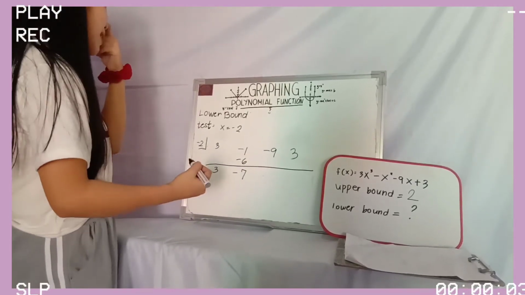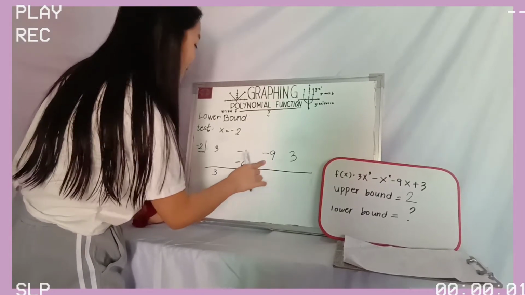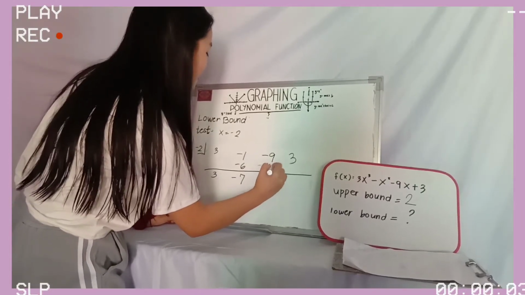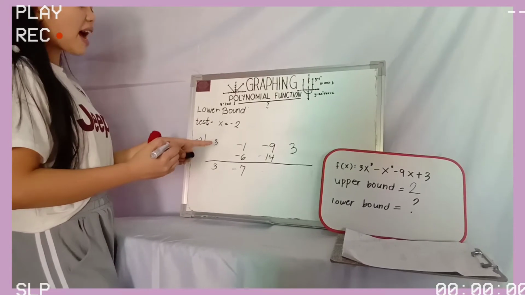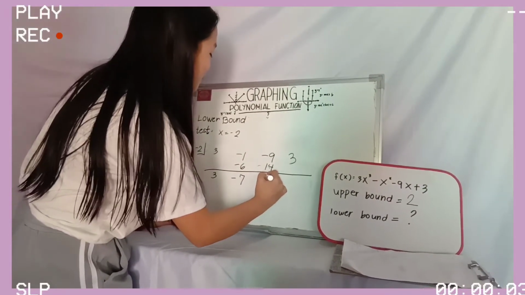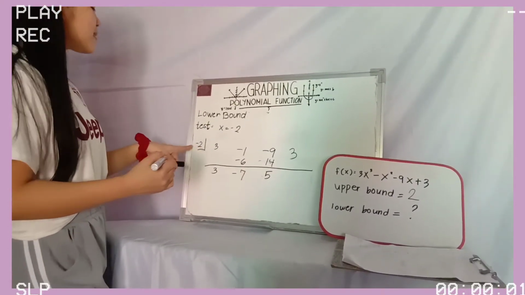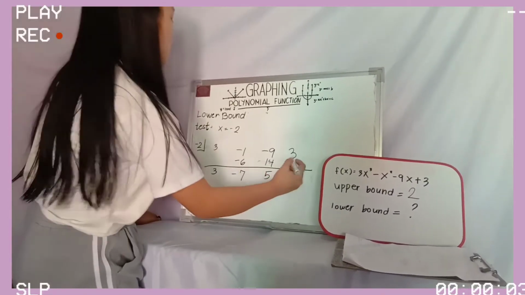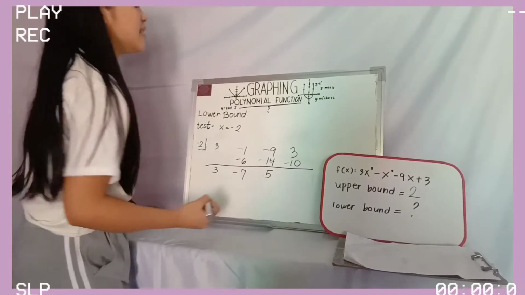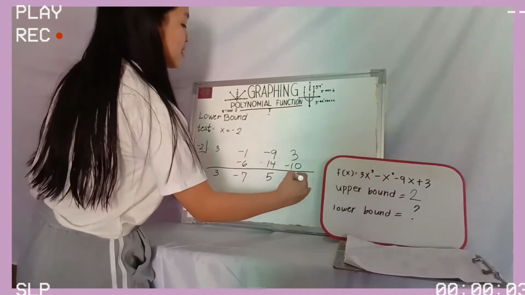Negative 7 times negative 2 is positive 14. Negative 9 plus 14 is 5. 5 times negative 2 is negative 10. 3 plus negative 10 is negative 7.